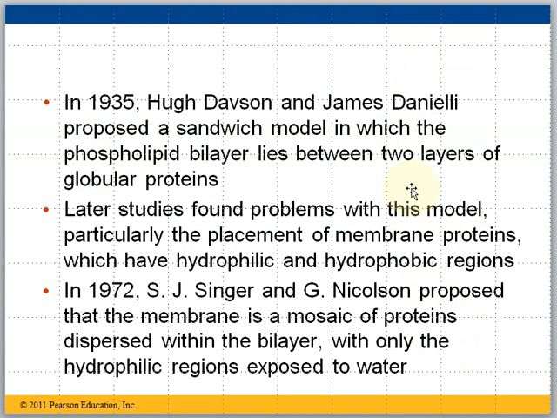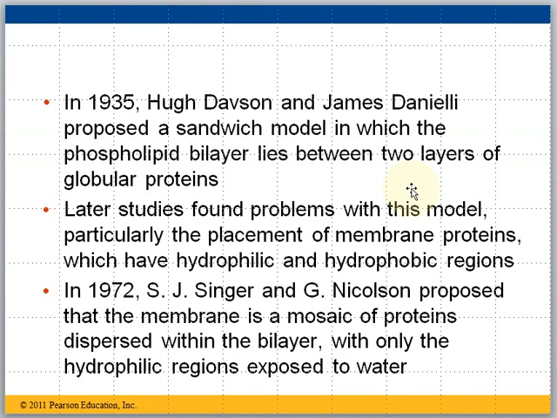Way back in the early 1900s, around 1935, the scientists studying the cell membrane didn't have the microscopic technology to take a closer look, so they were shooting in the dark a little bit. What two scientists first proposed in 1935 was this sandwich model, a phospholipid bilayer with additional layers of proteins on top. They thought there were additional proteins because a pure man-made phospholipid bilayer didn't match what they saw in their experiments with cell membranes.